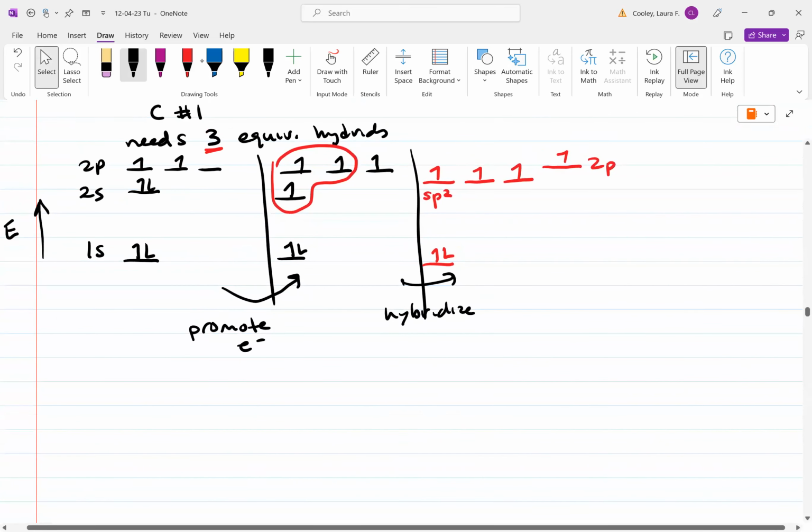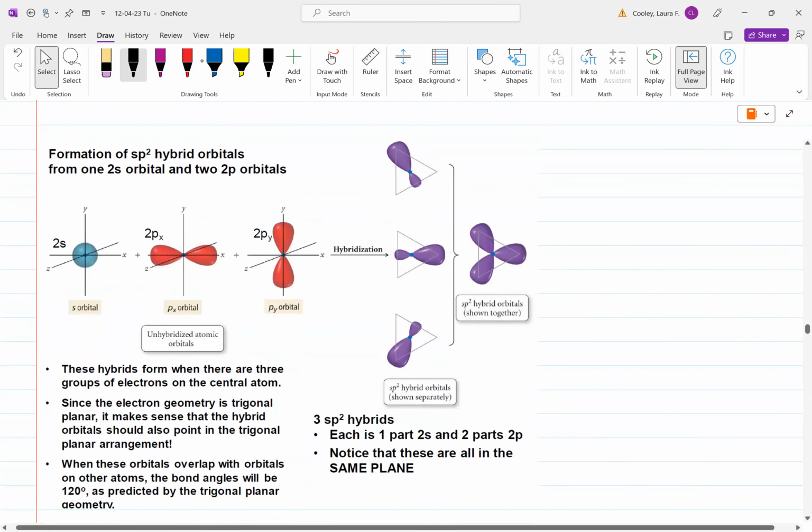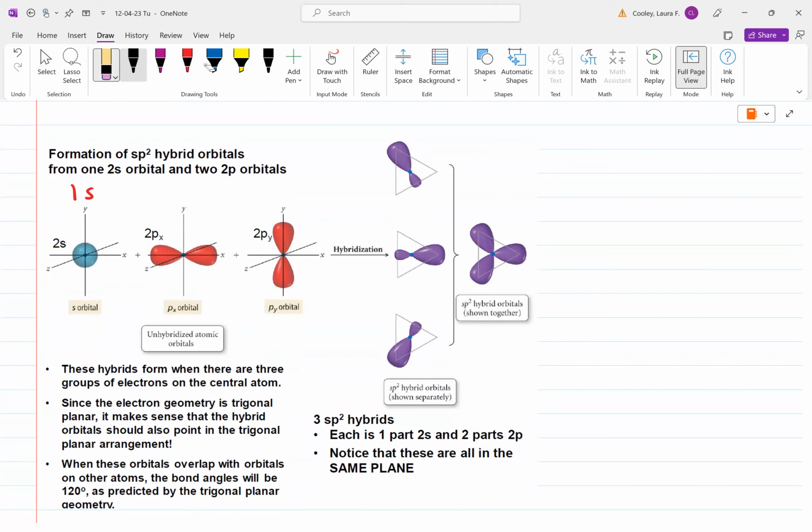First of all, let's take a look at sp2 hybrids and what they look like. So again, here we're combining s and p orbitals, one 2s plus two 2p's, and we're getting 3 sp2 hybrids. And they point in the direction you would expect, because we have 3 groups of electrons.